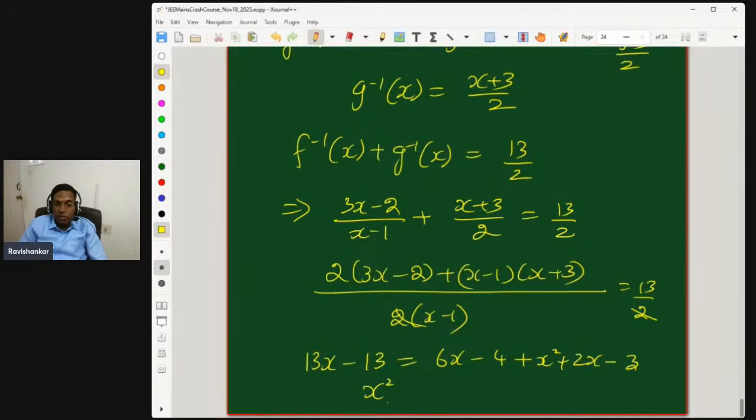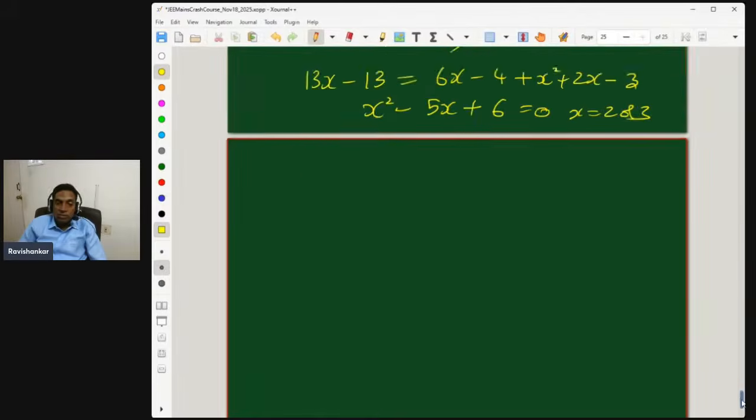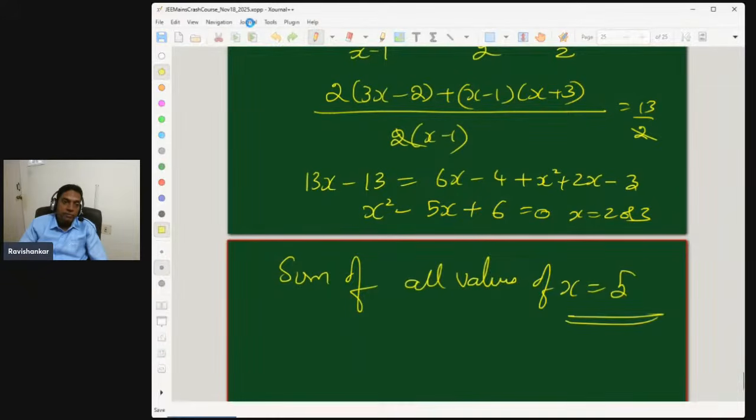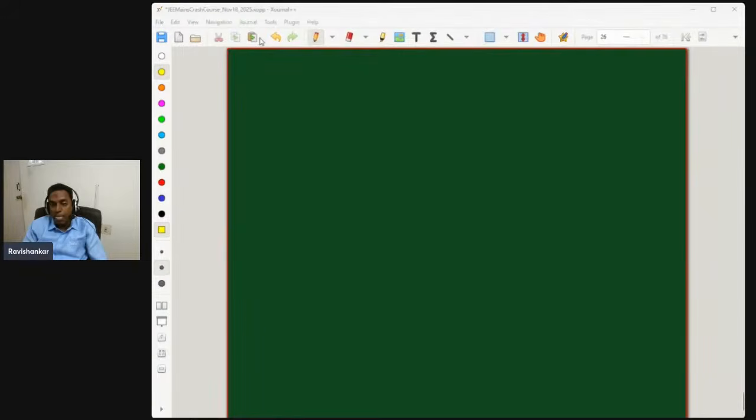So finally you get x squared minus 5x plus 6 equals 0. x is 2 or 3. So the sum of all values of x is equal to 5.